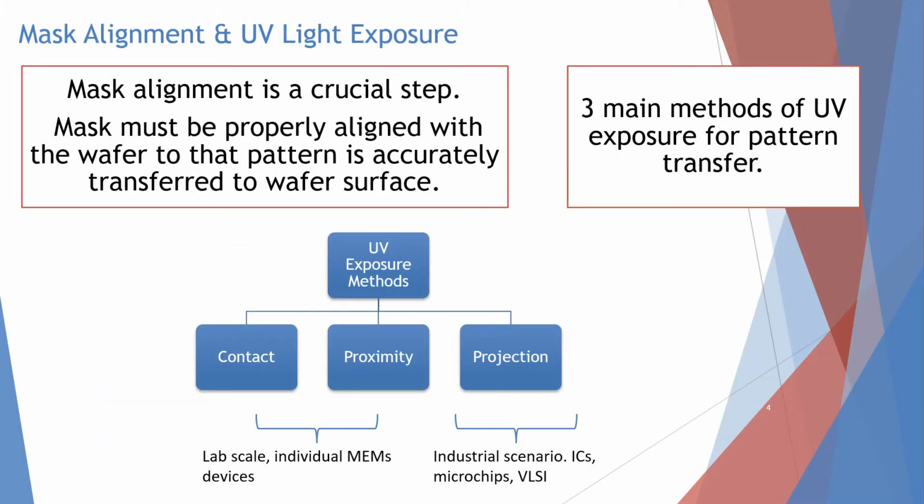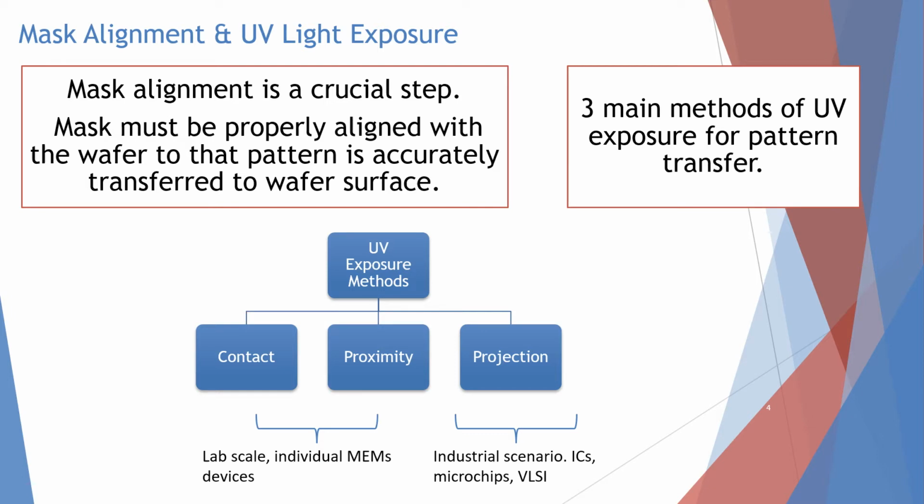In order for us to do the UV light exposure and to perform the printing of the circuit on the SI wafer, we have to align the mask to the SI wafer. Mask alignment is a very crucial step, because the process involves a very small area for printing.